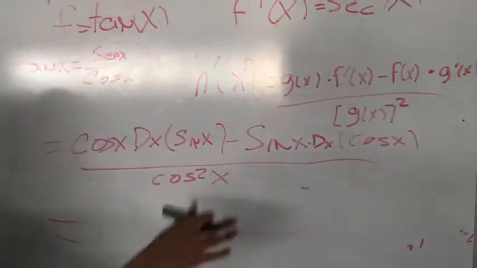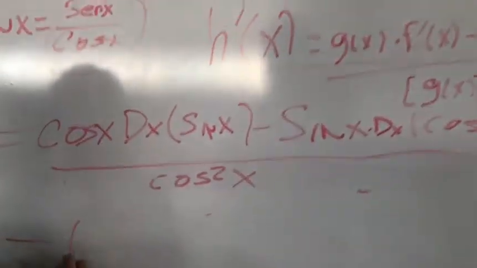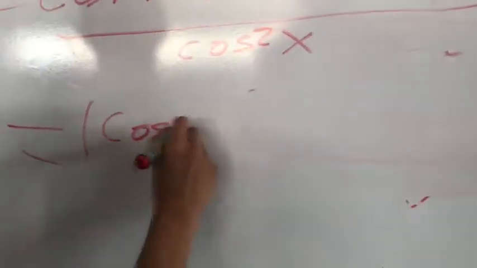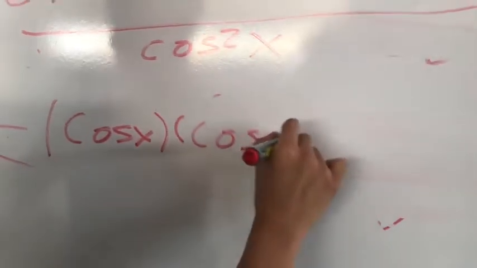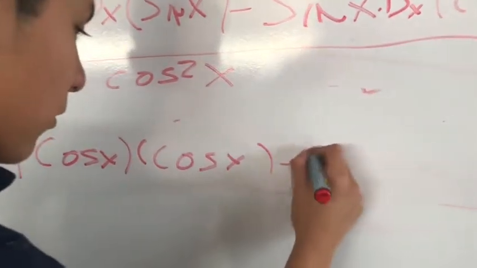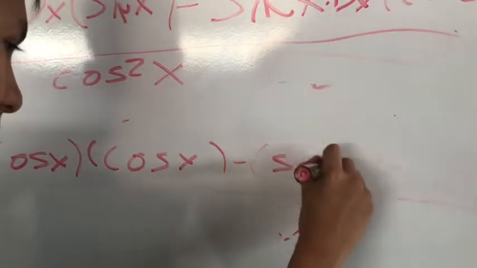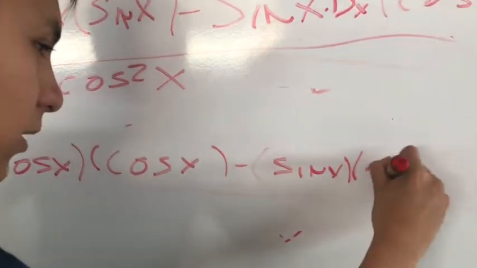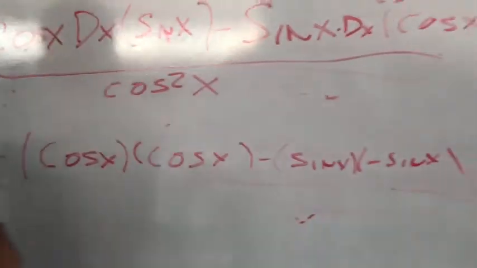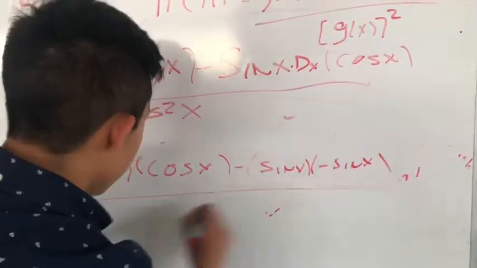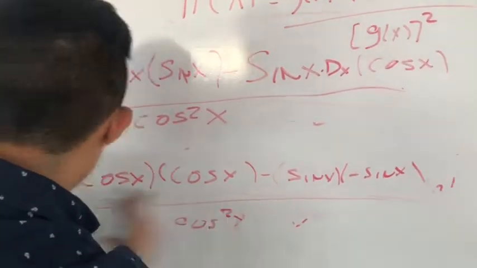And it goes like this: cosine of x times cosine of x minus sine of x times minus sine of x, all over cosine squared of x.